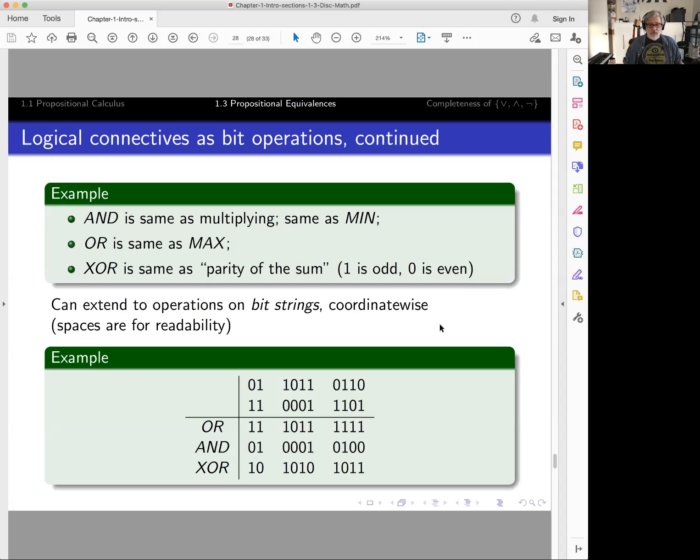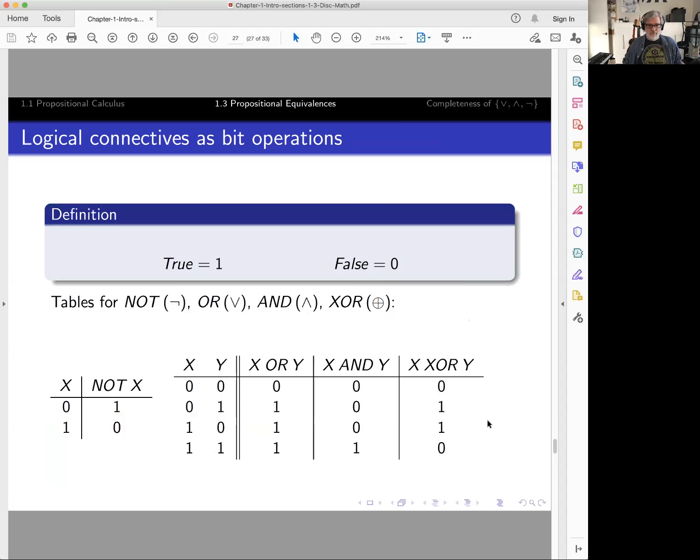But it turns out that if you think of 0 and 1, 0 being less than 1, you'll see the following thing happen. Well, first of all, AND is the same as multiplying or the same as the minimum value. So let me go back. Sorry, I'm flashing my slides in your face, but let's look at AND here.